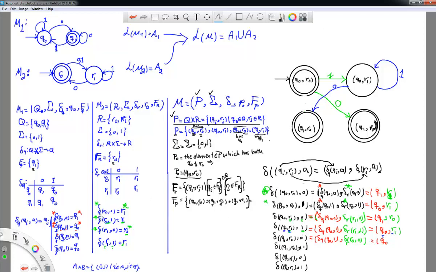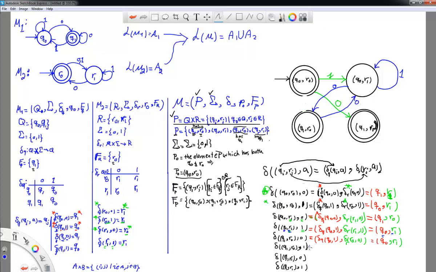So delta r of r sub 0 and 0 is r sub 1. So this is going to be r sub 1, which means that from state q sub 1, r sub 0, which is down here, I'm going to go back to q sub 0, r sub 1, which was up here. So I'm going to transition back there over 0.